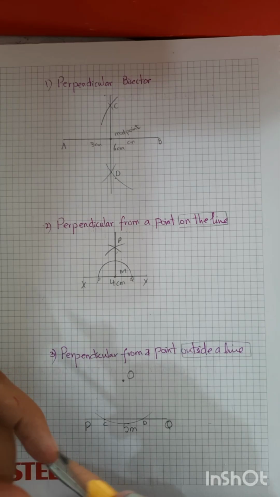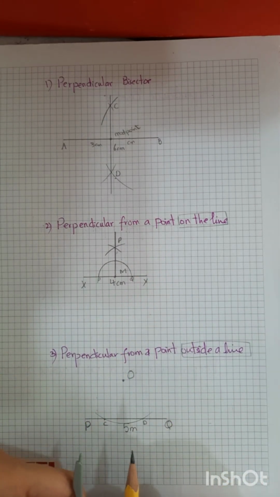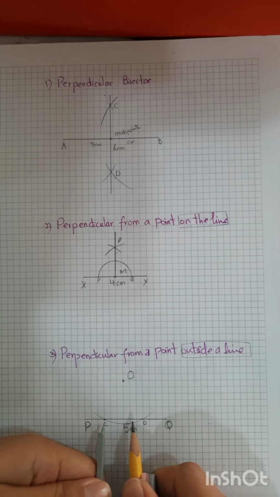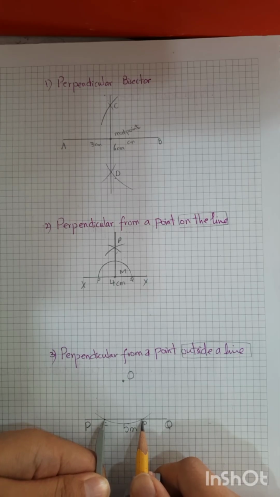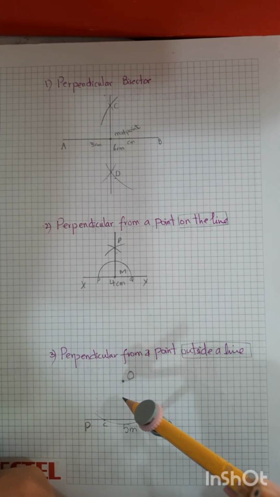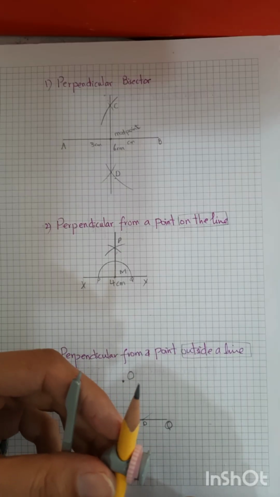Now, just like we did in the previous case, we have to open the compass to this length CD, or more than half of the radius of CD. So if you take the length of CD, you have to keep the compass on point D. Just a moment.